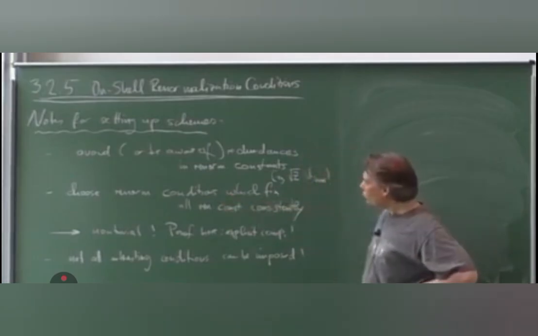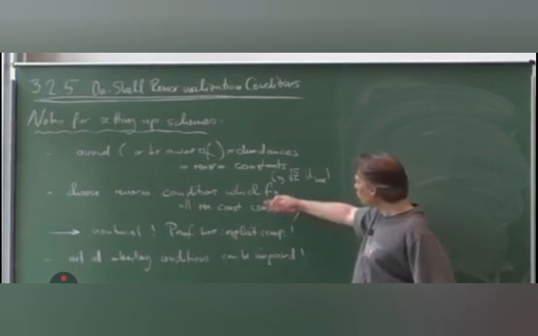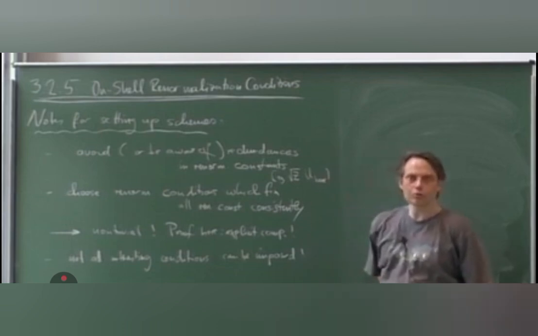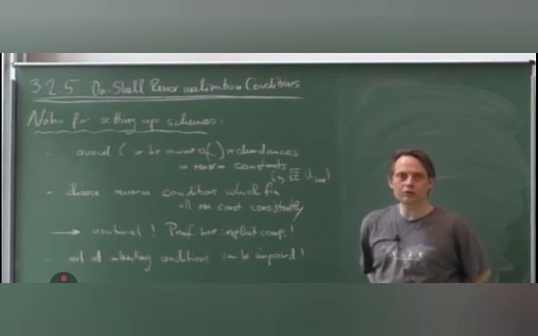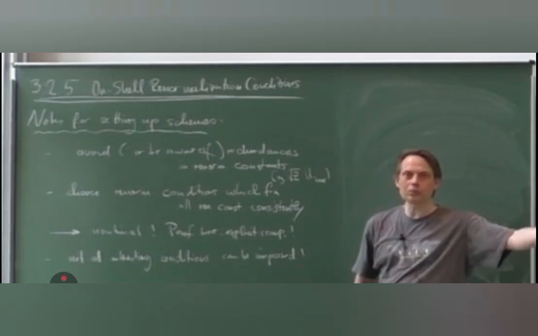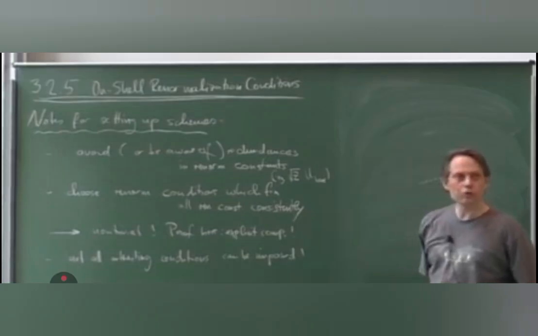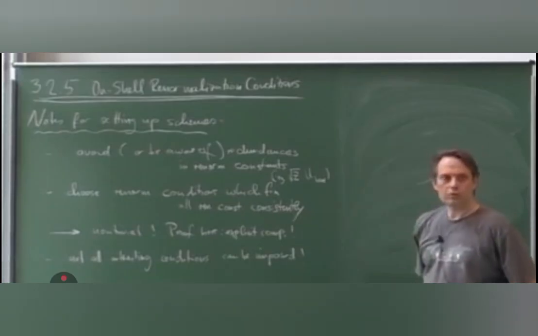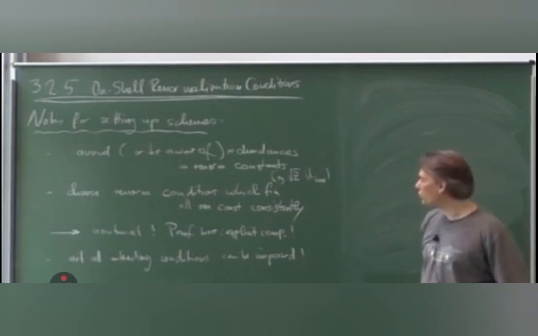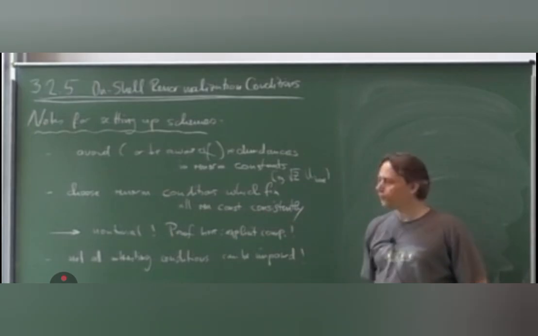Then you need to choose renormalization conditions, and they should of course fix all the renormalization constants that you have introduced, but they should fix them in a consistent way, such that you do not get requirements which contradict each other, so that you cannot fulfill all requirements that you have imposed. That in essence means that you should impose exactly the same number of renormalization conditions as you have renormalization constants at your disposal.